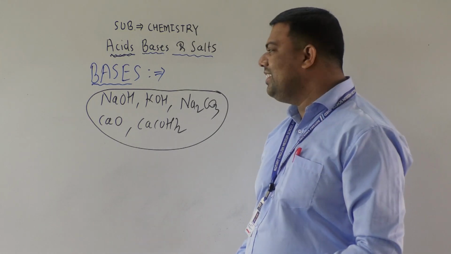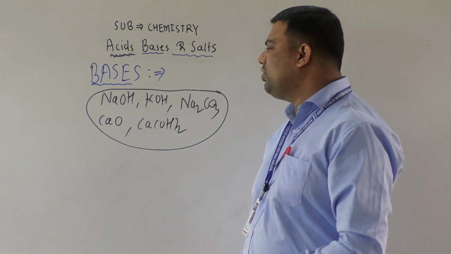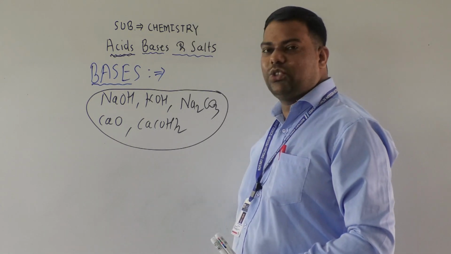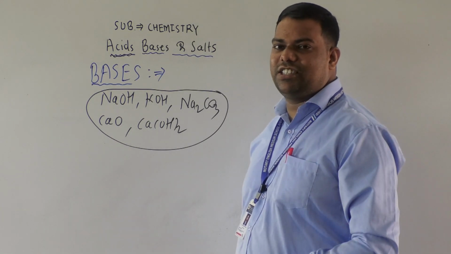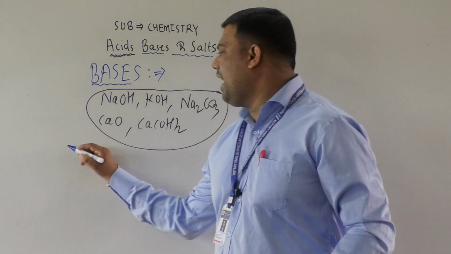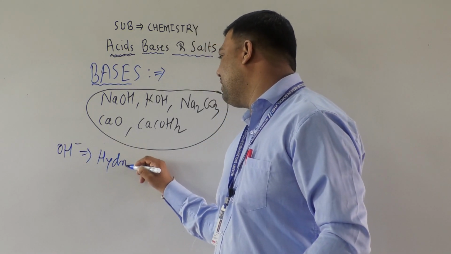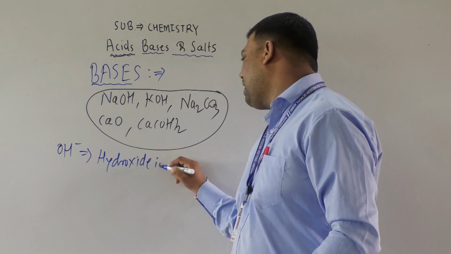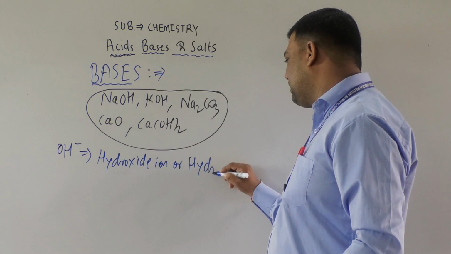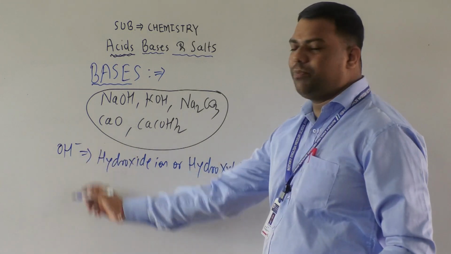So these are some basic properties. Understood? Generally, when bases are in aqueous solution, they produce hydroxyl ions, OH minus. We call it hydroxide ion, or hydroxyl ion, this OH minus.